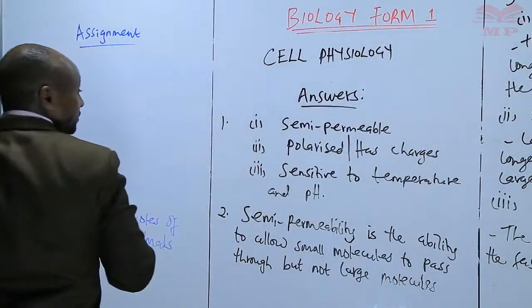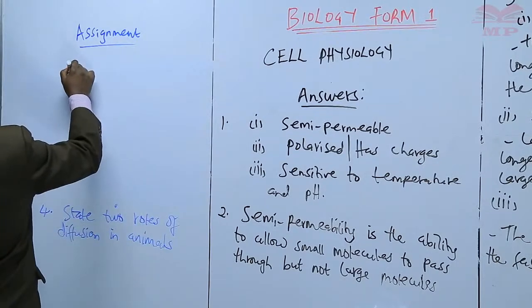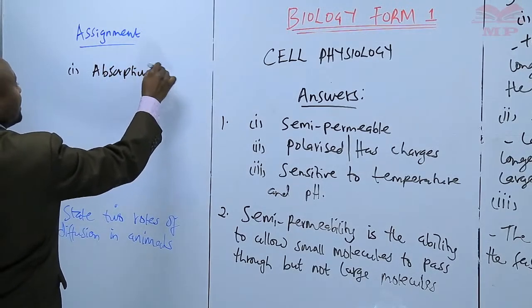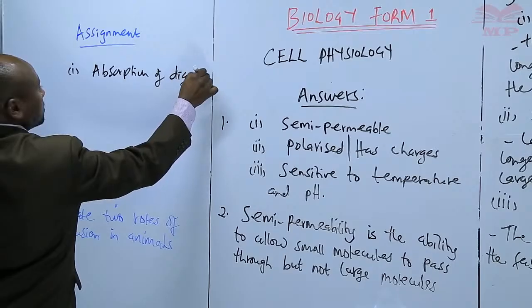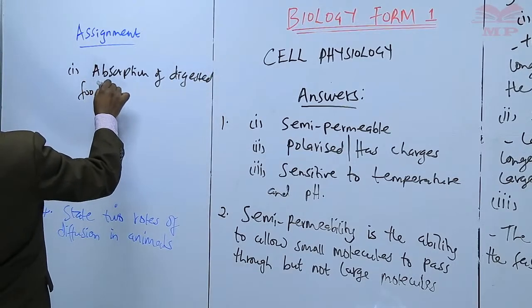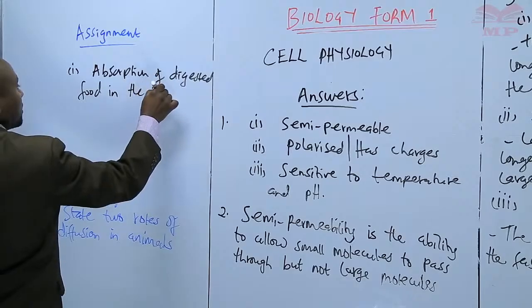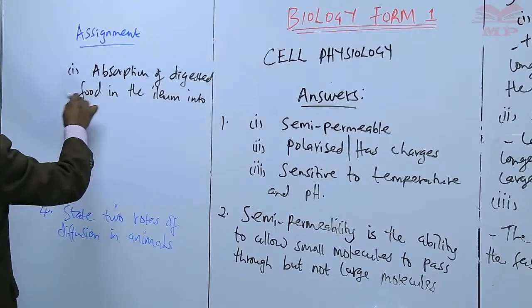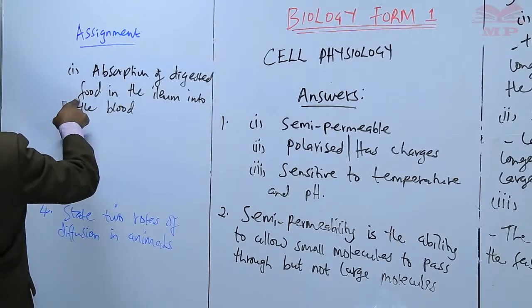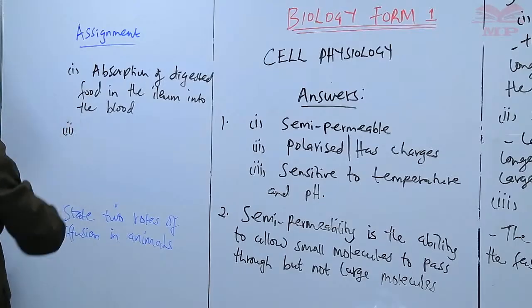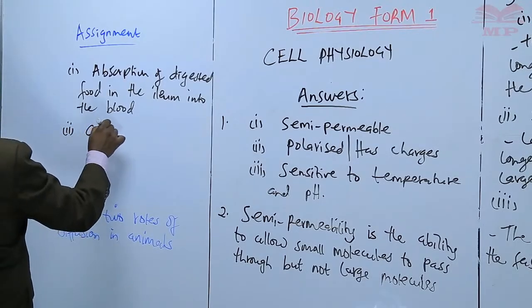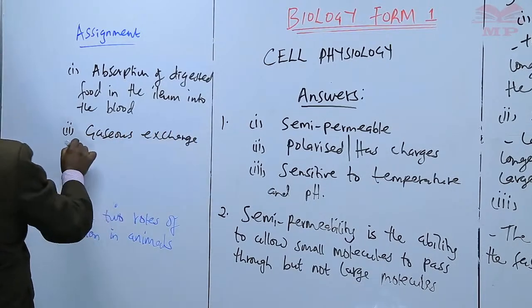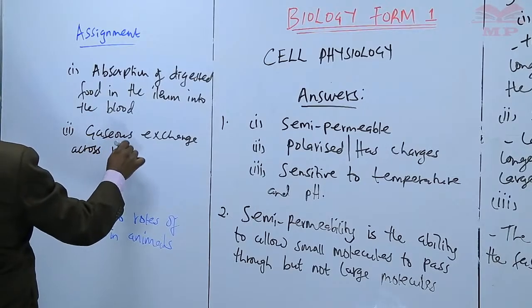One of the roles is the absorption of digested food in the ileum into the blood. That is by diffusion. Number 2, we can talk of gaseous exchange across respiratory surfaces.